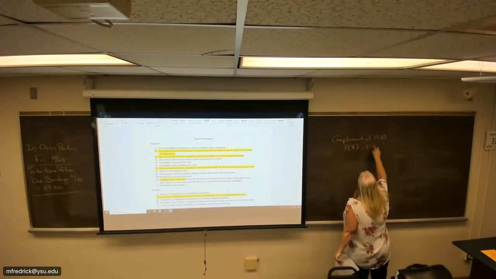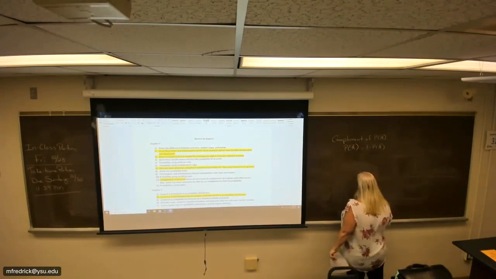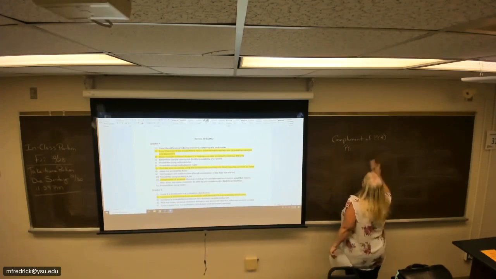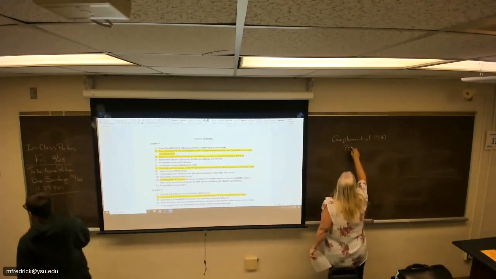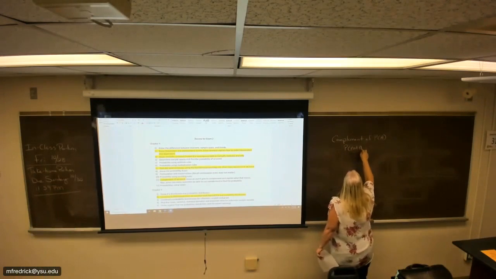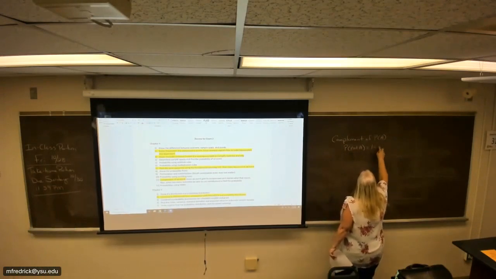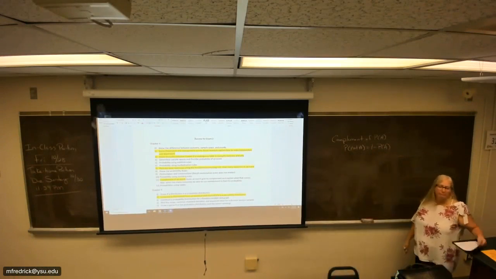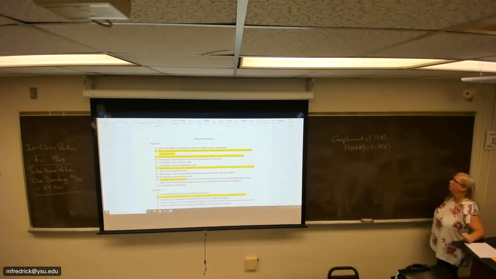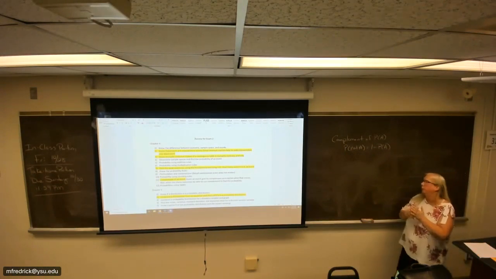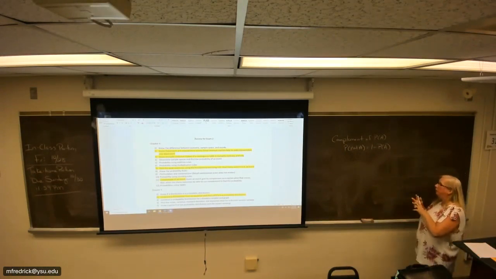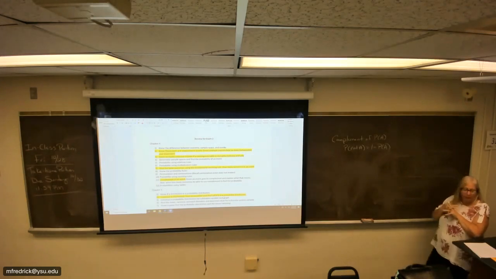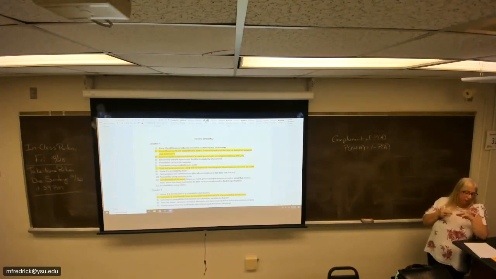It's 1 minus the probability of A. The complement means the opposite. You're finding the complement of the probability of A, then it's the probability of not A, which is 1 minus the probability of A.